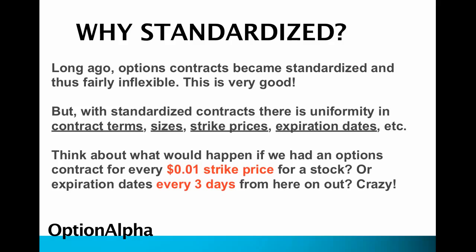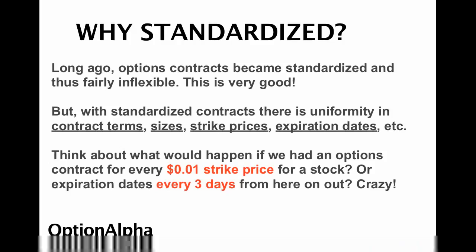This is actually very good. What happened is that these standardized contracts created some uniformity in contract terms, sizes of the contracts, strike prices, and expiration dates. Imagine if we did have an options contract for every year on out.